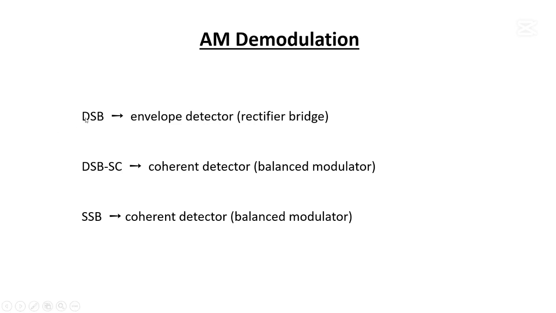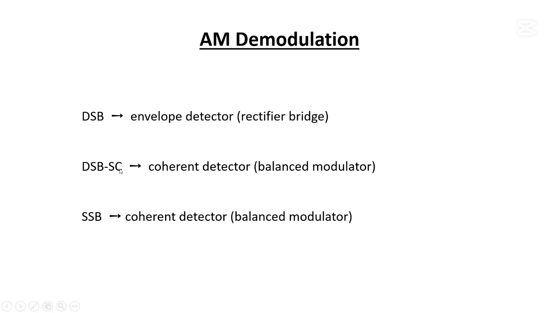If we have a double sideband, then the demodulation will be done by using the process called rectifier bridge. We will do bridge rectification, and then we will be able to convert the double sideband signal, meaning the modulated signal, into the demodulated signal, meaning we are obtaining here the original message signal.